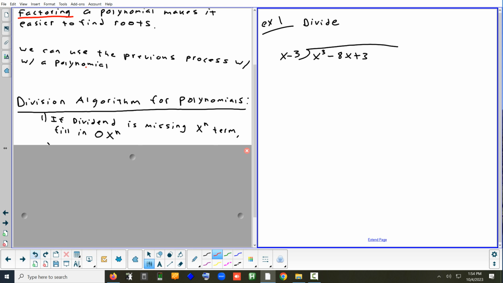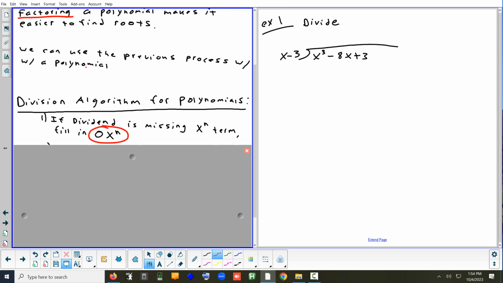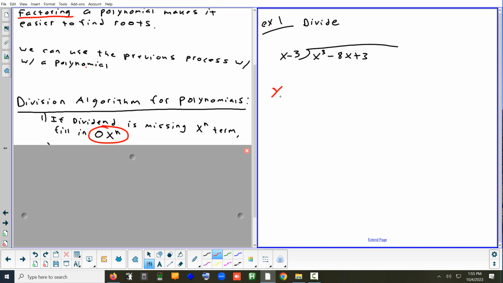We're going to get some squared terms, but there's no squared term in the dividend, so we need to make a spot for it. Since there's no squared term, we're going to fill in a 0, x to the second power for the one we're missing. You have to fill in every term that you're missing. If your highest exponent is a 3, then you need to see the exponent of 2, the exponent of 1, and then the constant. You don't do anything to the outside.